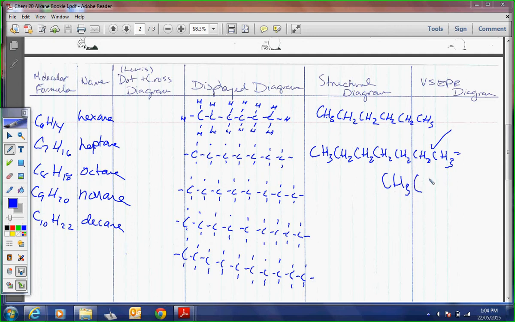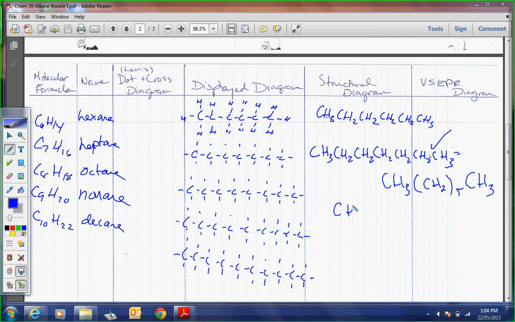CH3 bracket CH2. I have 1, 2, 3, 4, 5 of those. And then I'm ending with a CH3. See that? Making it still structural, even more condensed than this. Okay. So for my nonane, no, where am I? I think I'm on octane.